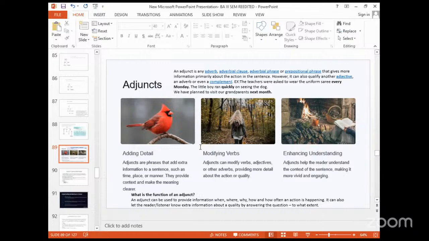Next month. So these are additional information such as time, place, or manner, and they provide context, making the meaning clearer. They also modify verbs, adjectives, or other adverbs, providing more detail about the action or quality. Then they enhance understanding. They help the reader understand the context of the sentence, making it more vivid and engaging.